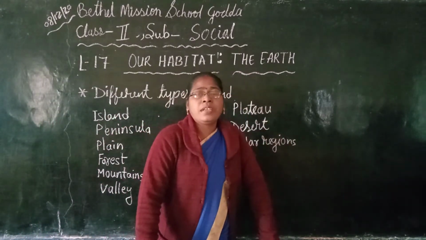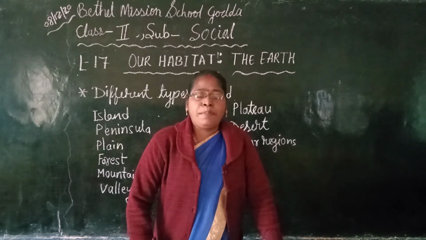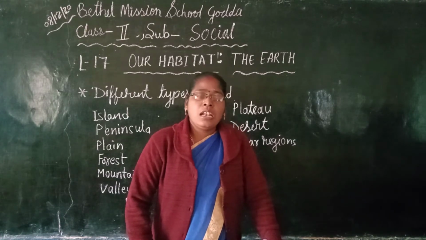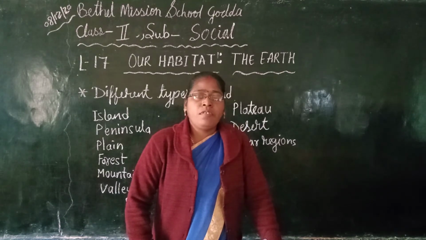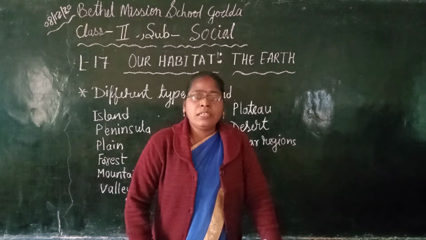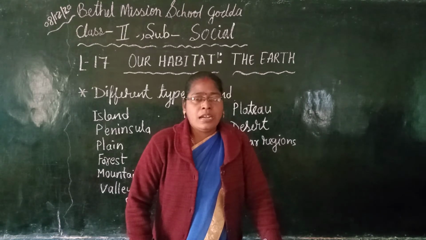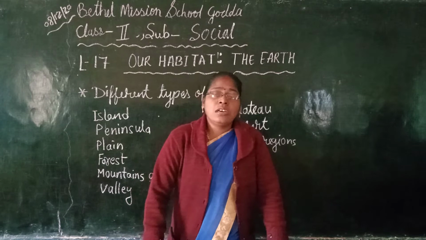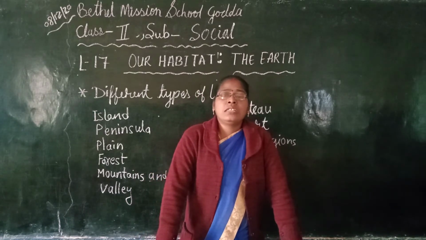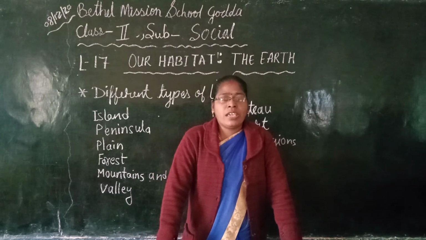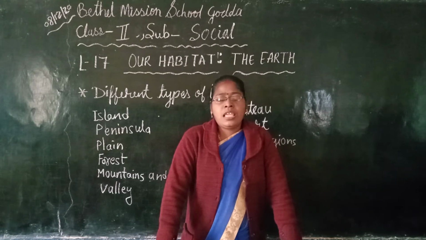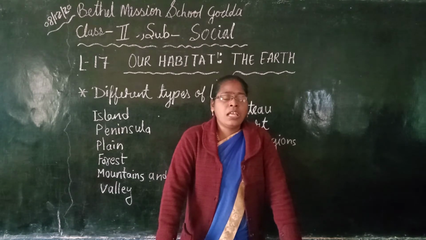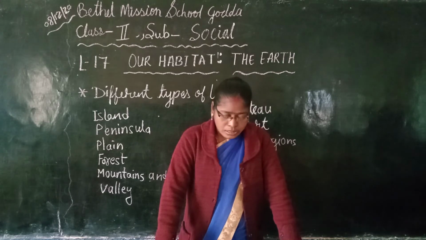So children, the Earth is the only planet on which life is found in the form of human beings, animals and plants. Earth is also surrounded by a layer of air which is called atmosphere, and the atmosphere supports life on the earth.